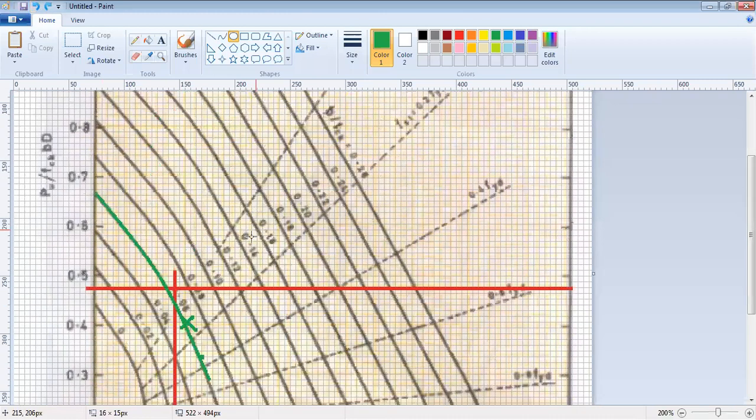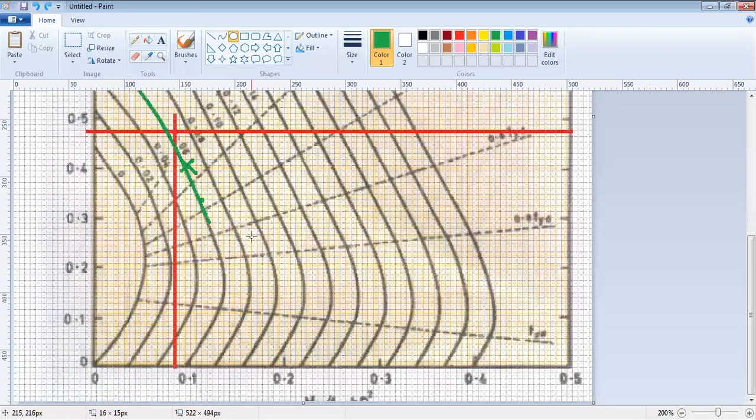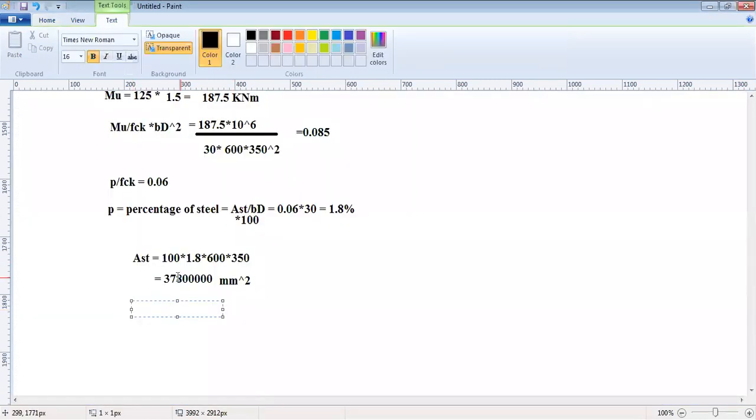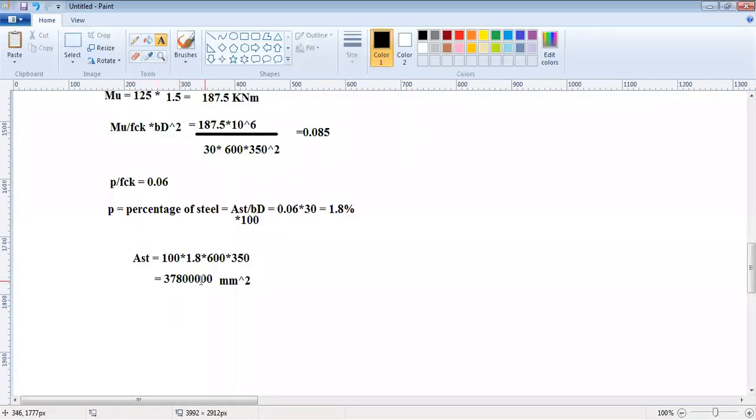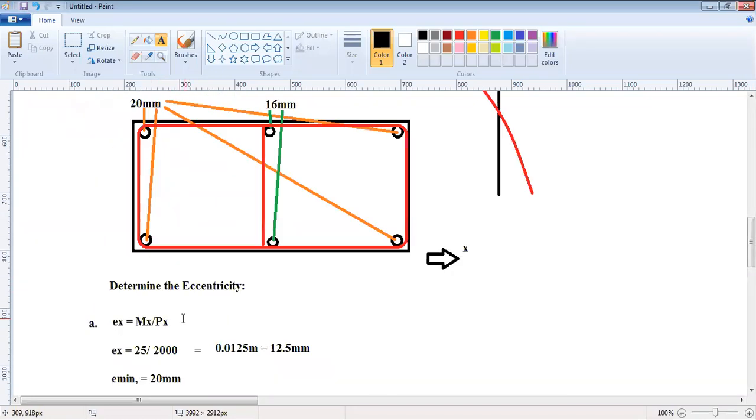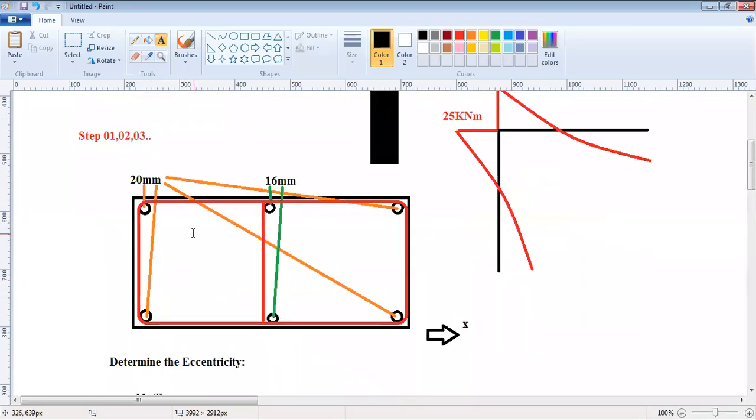Obviously from here you are already getting the eccentricity, and from these curves you ensure that your design is safe. Now you might have to again check how much we provided.